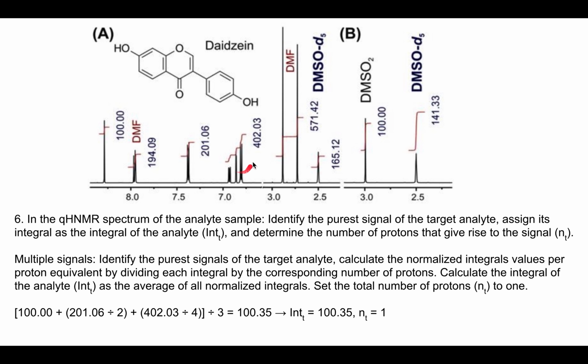This signal right here that's worth 402.03 is equal to 4 protons, so we take this integral value and divide it by 4. So there are 3 signals altogether, so we find the sum divided by 3 and we get an average of 100.35 as our integral value for the analyte. And we have to set the number of protons equal to 1 since we're dealing with multiple signals.